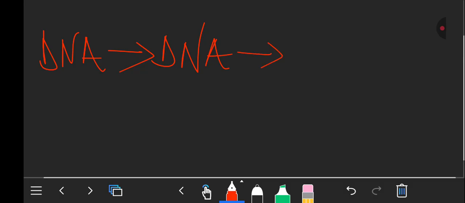Then this information in a DNA has to be converted into RNA, and specifically we said it is the messenger RNA. So DNA makes a copy. It is not the entire DNA, but just a segment or a small portion of DNA that is able to be transcribed into mRNA, the messenger RNA.